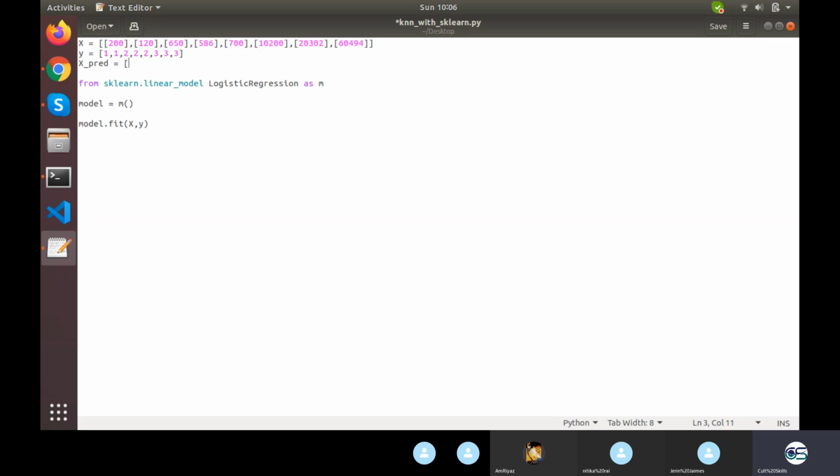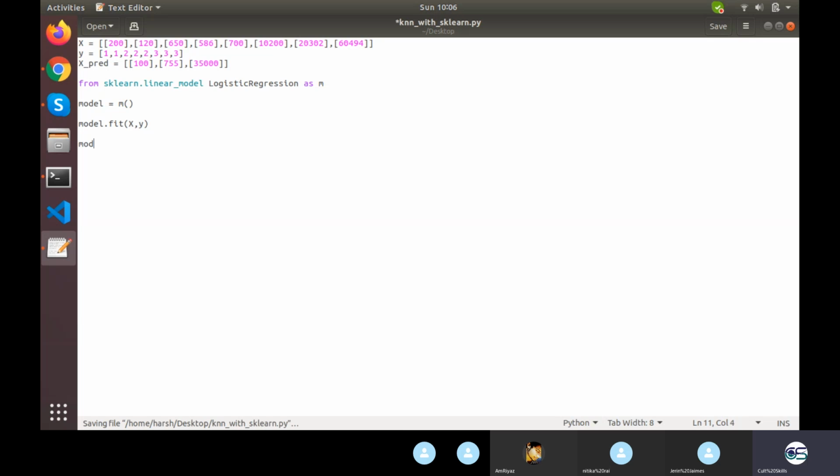The x which needs to be predicted is a small number, 15, or let's make a better, bigger number which will be closer. So 100, because 100 is not there in the data set. Another number, suppose 755. Another number, suppose 35,000. That's it, so these are the three. So it should be like 1, 2, and 3.